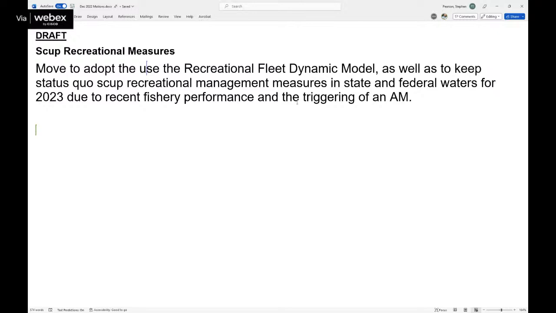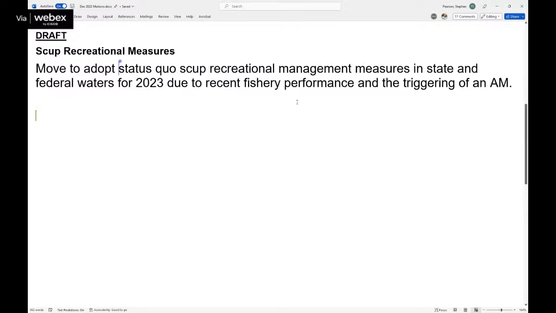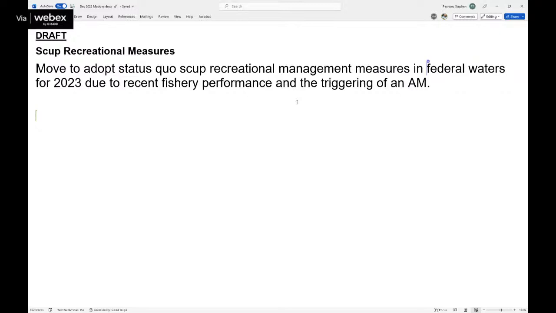The rationale for my motion is not based on one model or the specific, it's based on that there are differences between those models. So I'm going to simplify the motion to move to adopt status quo recreational management measures for 2023, period.